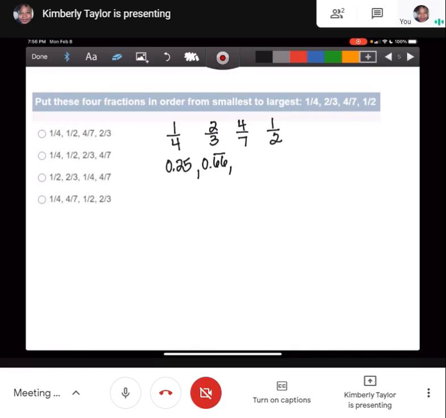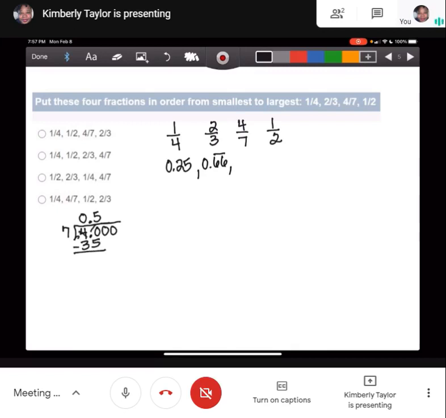Or I probably should show you how to do it. Let's do it like this. Let's say 7, and then 4, add a decimal and a 0, add another decimal and a 0. So 7 goes into 4 0 times. 7 goes into 40 5 times, and this would be 35.